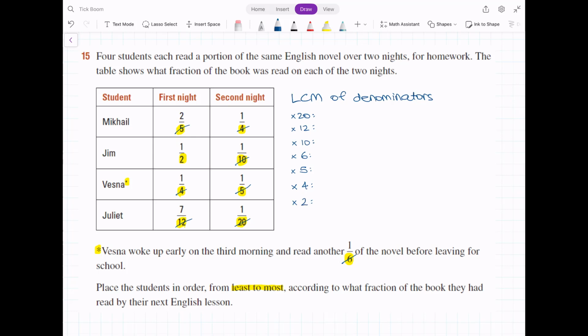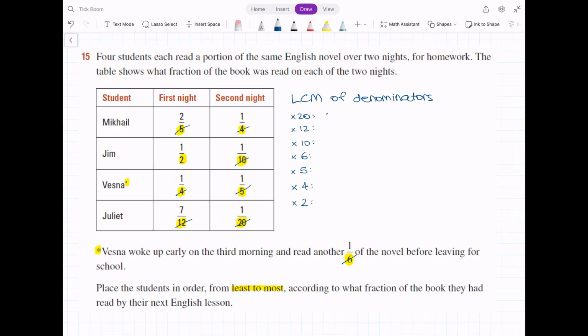So the idea behind finding the lowest common multiple is, if we think about what are the multiples of all these numbers, we then examine those to see which is the first multiple that is common to all of them. So for 20, the multiples of 20 are 20, 40, 60, 80, and so on.